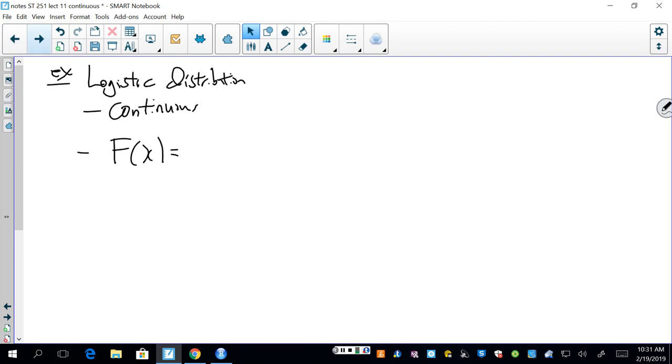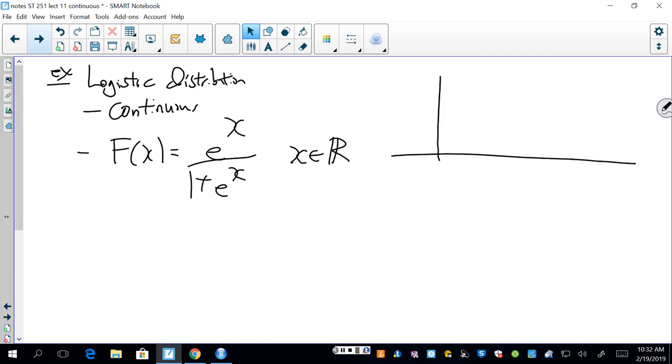So this particular one is e to the x over 1 plus e to the x, for x anywhere on the real line, negative infinity to positive infinity. Graphing this one, it goes between 0 and 1.